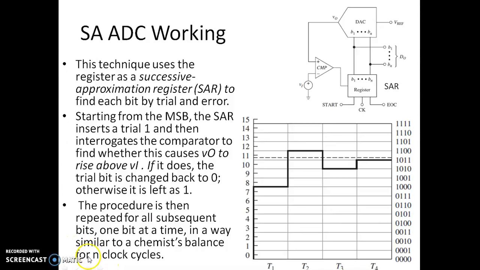Now this will continue for n clock pulses. So that's how the SAR is going to give a corresponding output voltage whenever an input is given. So first the MSB is made 1, then it is compared with the actual input. If the output is less than the actual input, then that bit 1 is retained and you make the next MSB bit also 1.